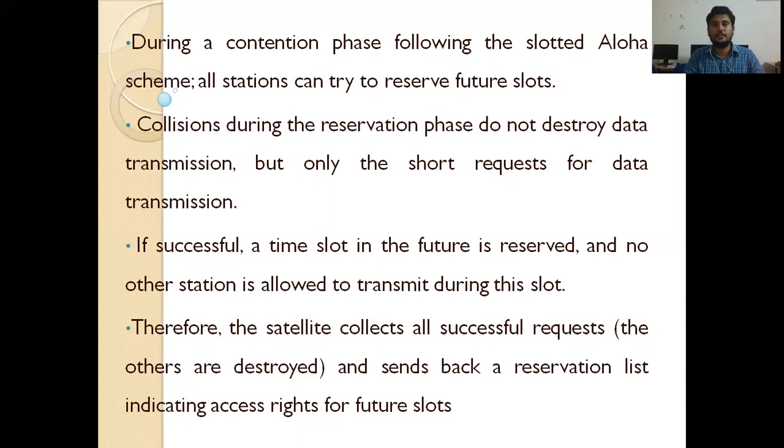Likewise here, if the time slot is allocated for the channel, only that particular channel transmits the data. There is no possibility of other channels using that channel.